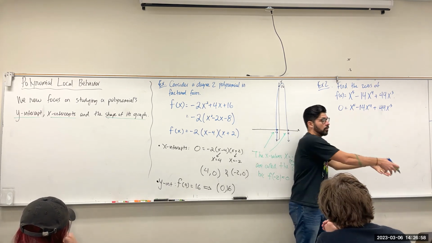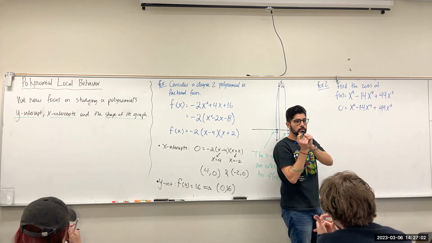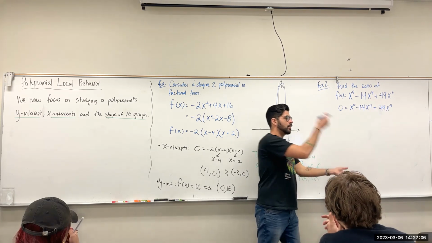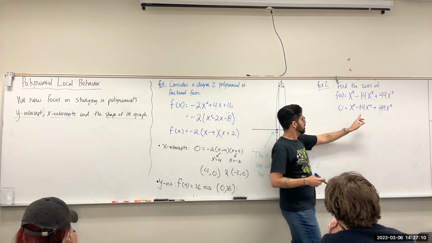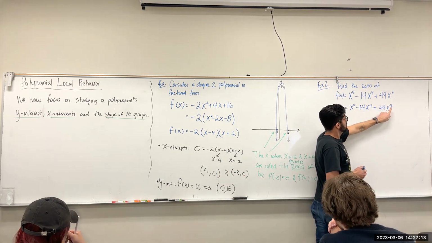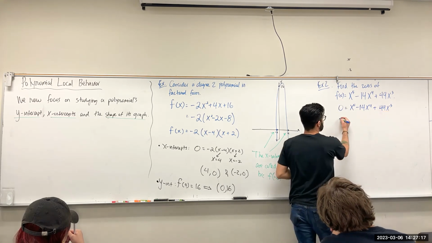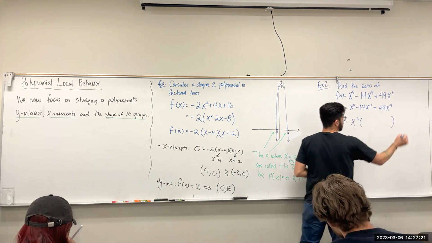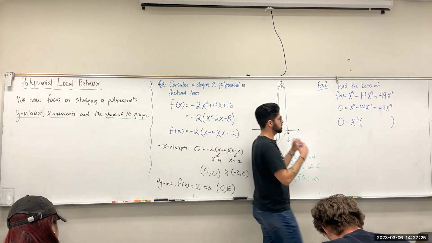I'm going to factor out the highest power of x possible, and the highest power of x that I could take out from here is x cubed. So I'm going to factor out the x cubed.